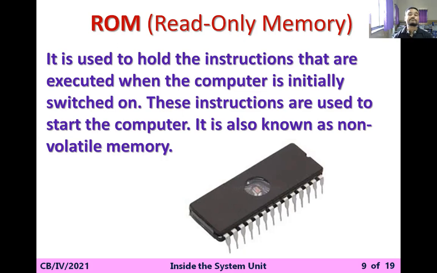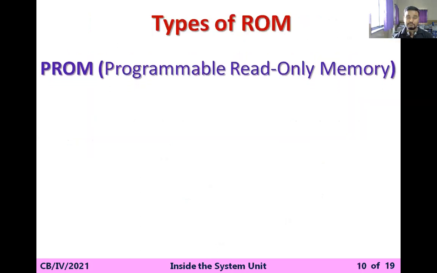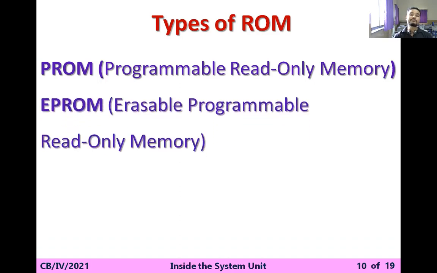Got it? Now, this ROM is of many types. First one is PROM, that is programmable read-only memory. ROM stands for read-only memory. PROM stands for programmable read-only memory. Programmable means we can rewrite its contents also. Then EPROM, that is erasable programmable read-only memory.